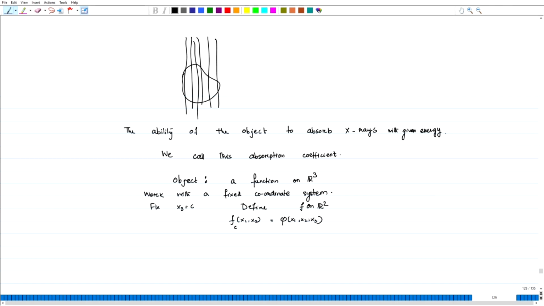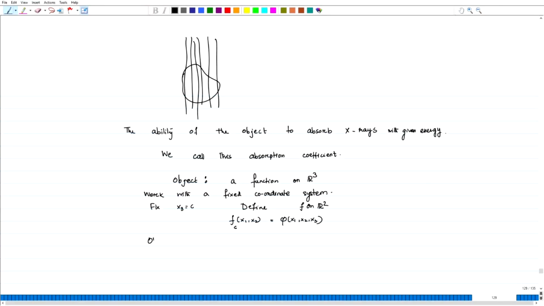Now, for each of these c we have the information of f_c. Now, we need to reconstruct the entire phi, that is loosely speaking the kind of problem we are dealing with.